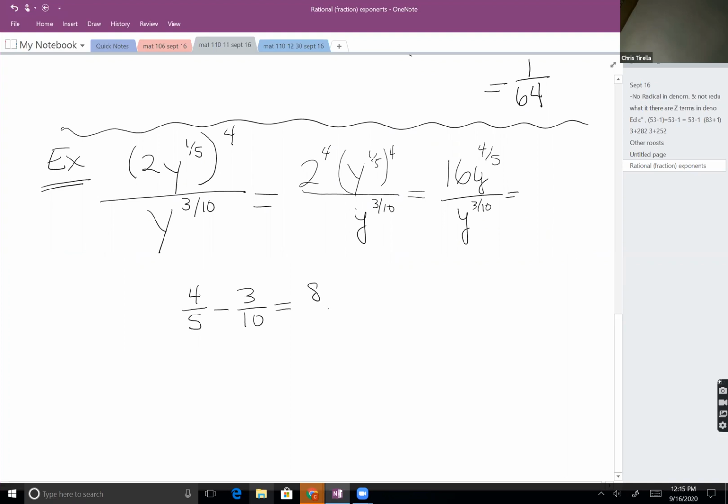So that's 8/10 minus 3/10, which is positive 5/10, which is a half. So it's positive. So that's 16y to the 1/2, or 16 times the square root of y.